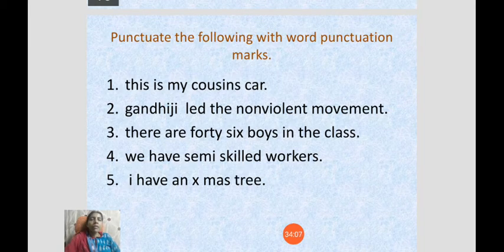Now here I have given 5 questions on the slide. First, copy them in your notebook. You take some time. I will wait for you. You copy them and try to punctuate them.